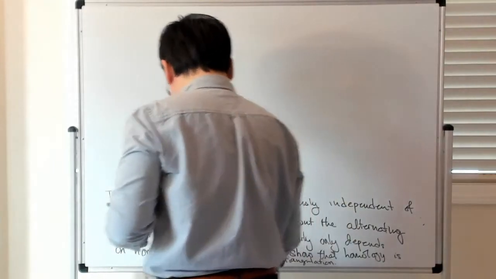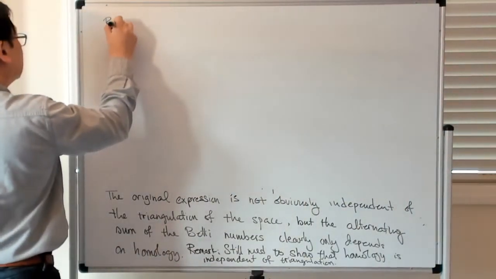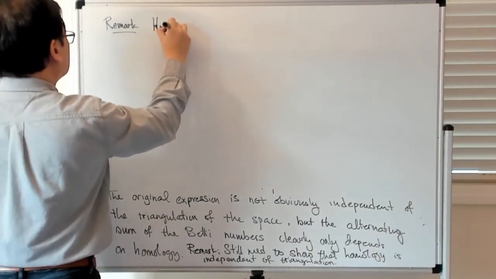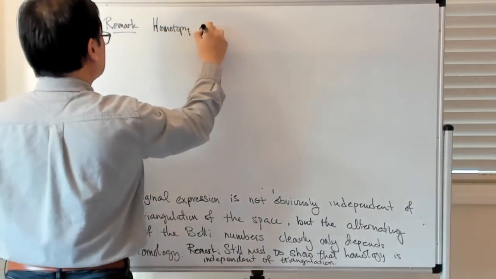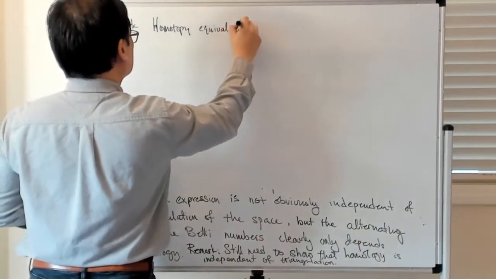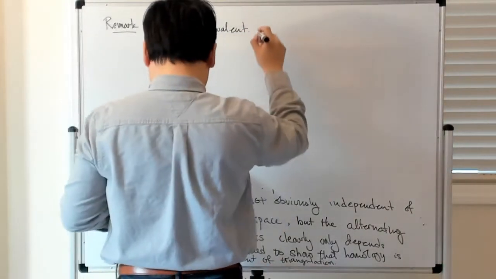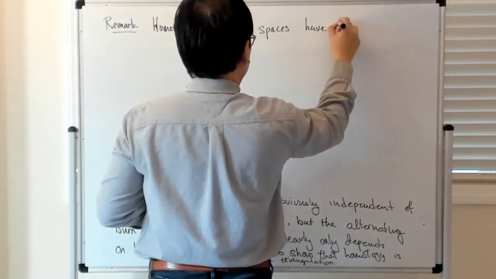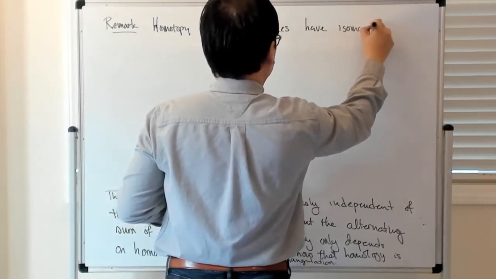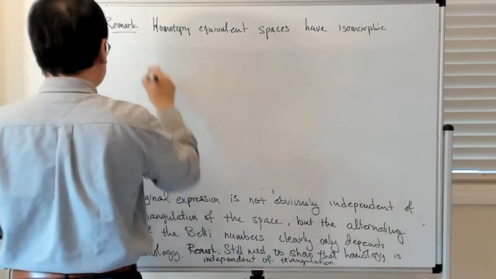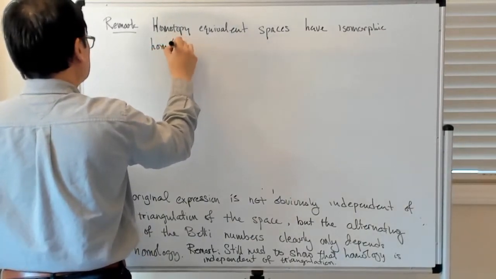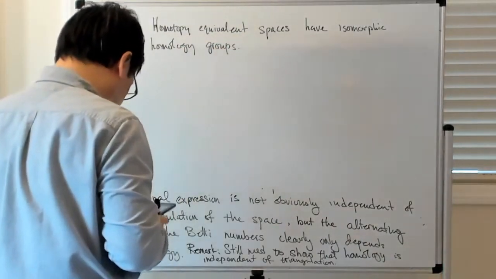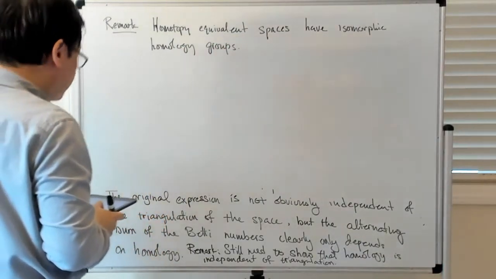So the other remark is that homotopy equivalent spaces have isomorphic homology groups. Again, I'm not really going to show that.